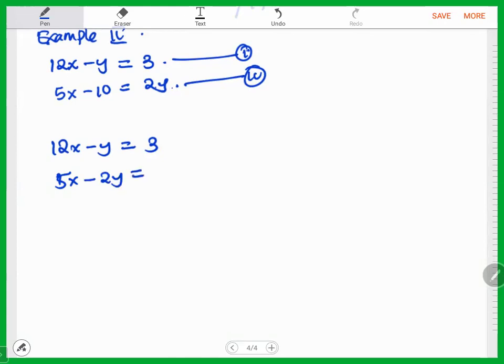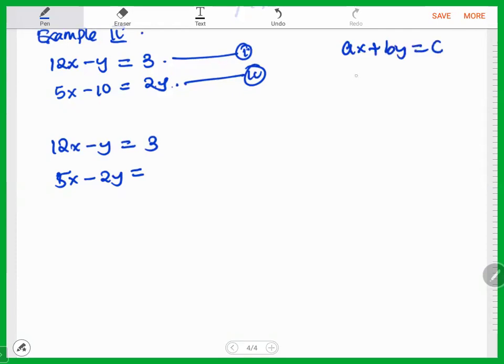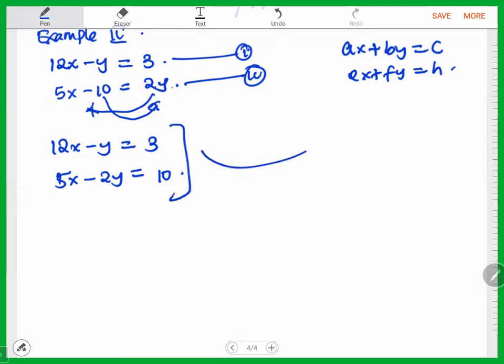Remember, we said an equation is in the form of ax plus by equal to c and dx plus fy equal to h. So it must be in that format. Therefore, I'm going to make sure that this moves to the other side and this moves to the other side. So I have 5x minus 2y is equal to 10. I have rearranged the two equations in this format.